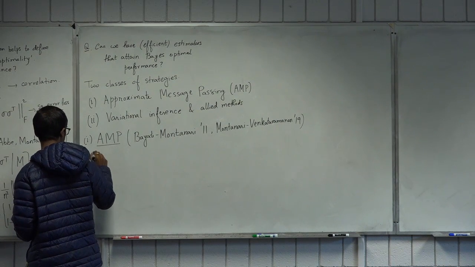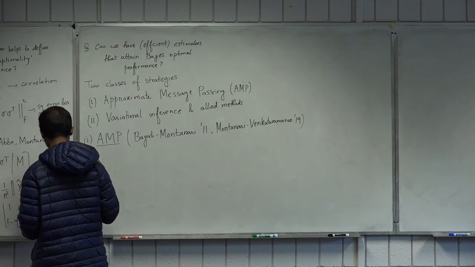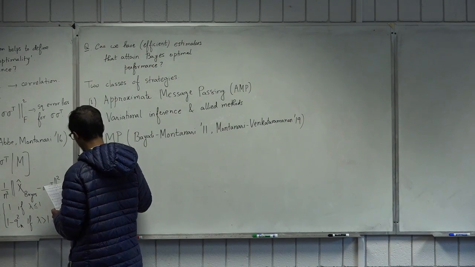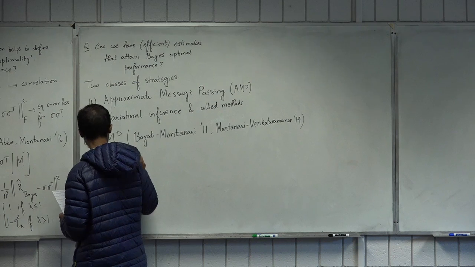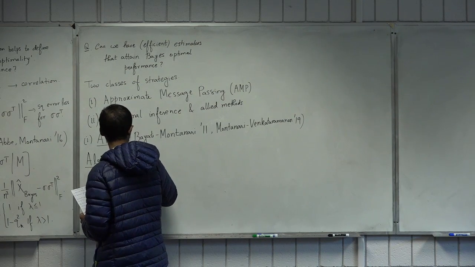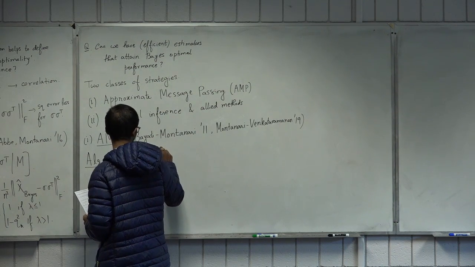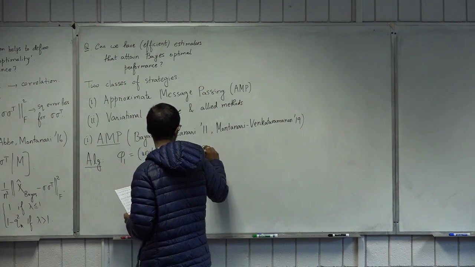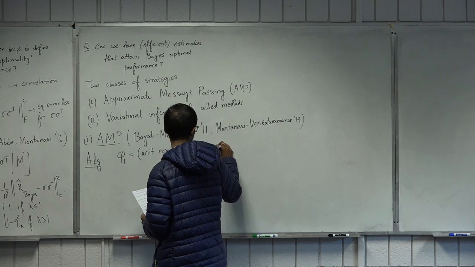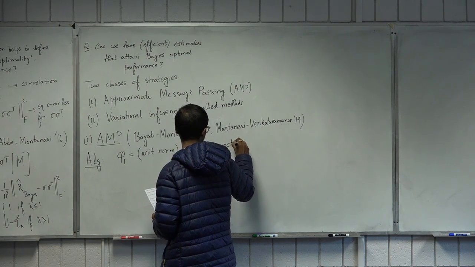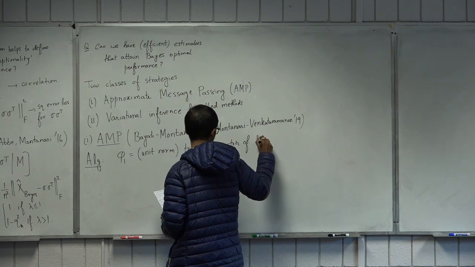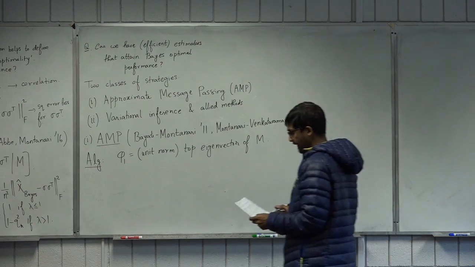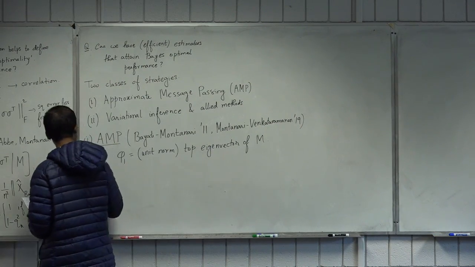So what is this algorithm? To define the algorithm, I will need phi1, which is the unit norm top eigenvector of M. And then the algorithm has two steps.